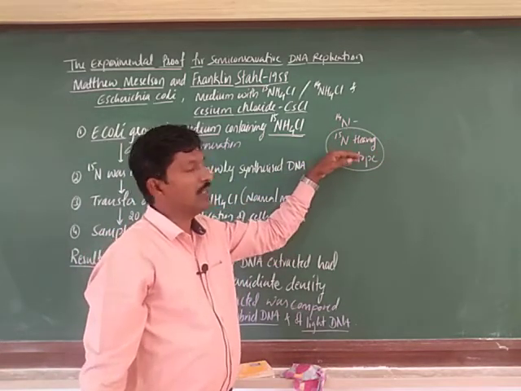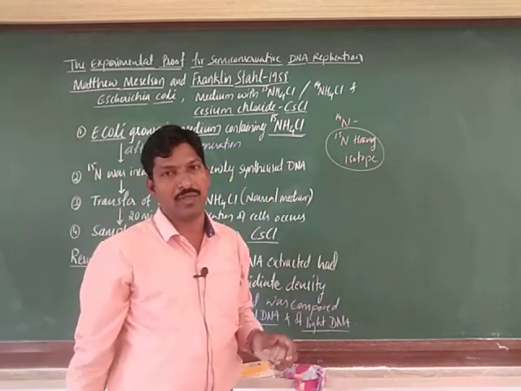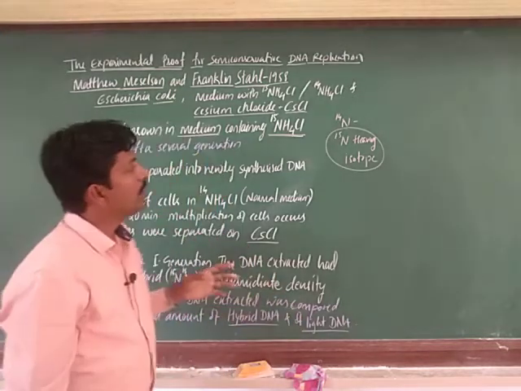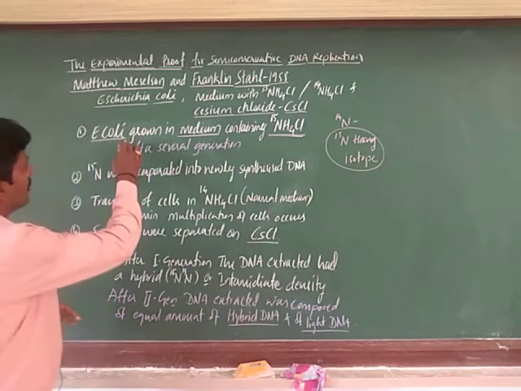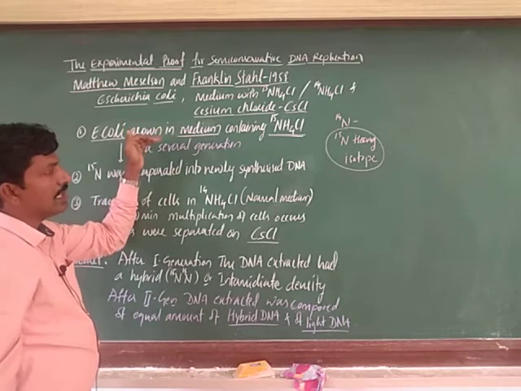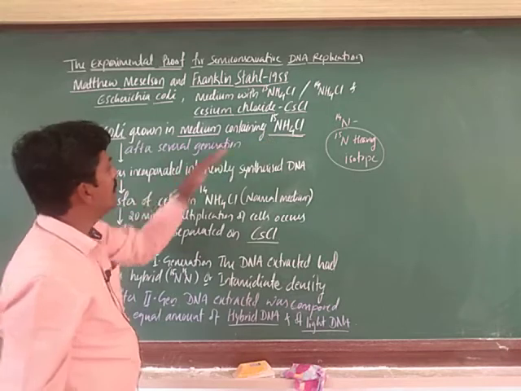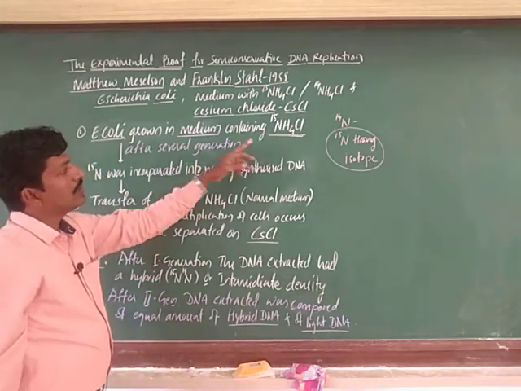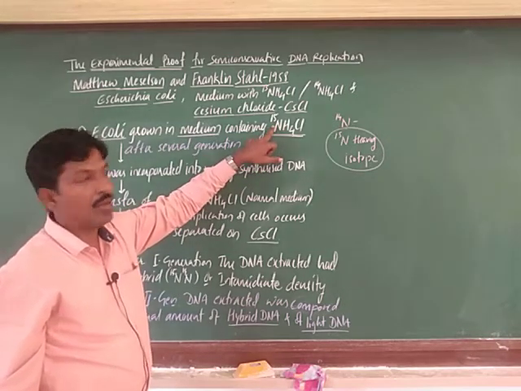So this is based on density gradient; it is centrifuged and later on we will get the result. First they grow the E. coli in this medium, and finally they get bacterial cells with DNA containing the heavy isotope.